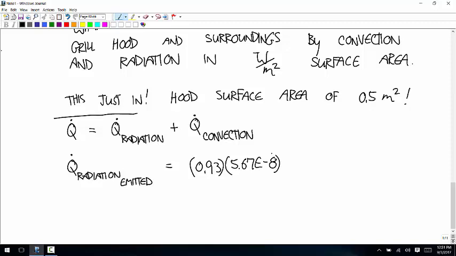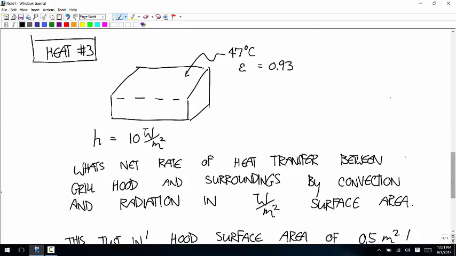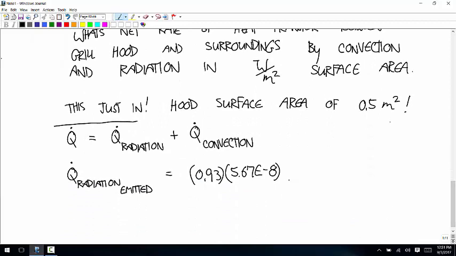The Celsius temperature is 47, so the Kelvin temperature is 47 plus 273.15, to the 4th power. And what do you get for that?